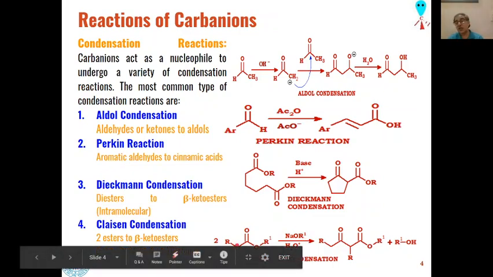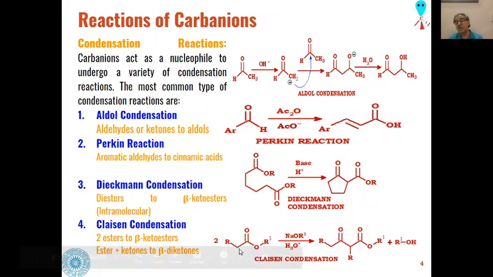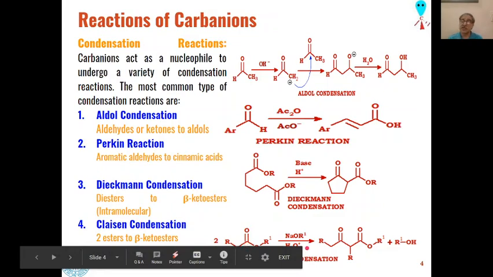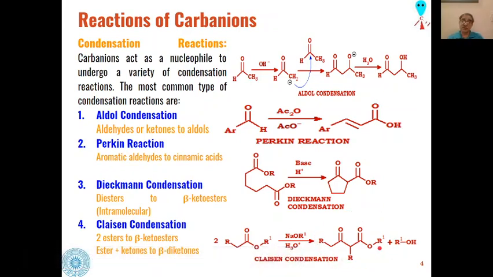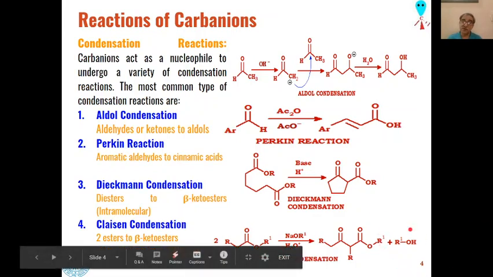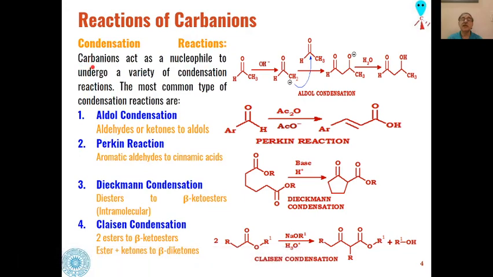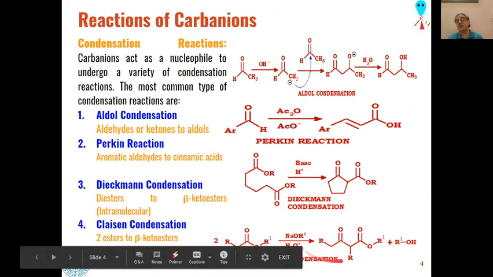Then a carbanion will be generated at this place, and this carbanion will attack the carbonyl group of the second ester molecule, and we will get these types of condensation products, that is beta keto esters, with the elimination of one molecule of the alcohol. So all these condensation reactions are examples where carbanions act as reaction intermediates during the formation of the product in all these reactions.